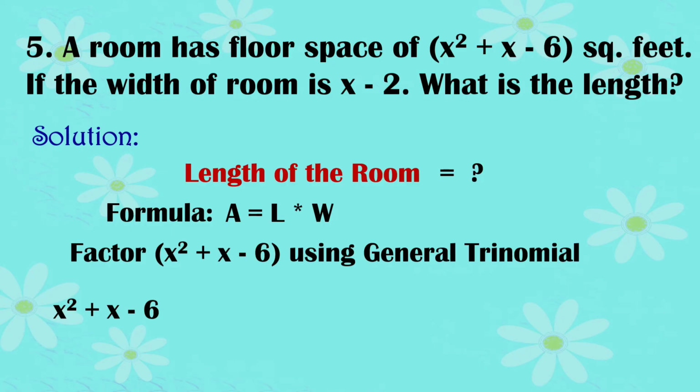So, mag-isip kayo ng factors ni negative 6 na kapag inadd nyo ay equal sa positive 1. Eh, meron na tayong given dito na x minus 2. So, anong magiging sagot? Okay, so ang matitira na lang ay x plus 3, or yung another factor niya ay x plus 3. So, equals quantity x minus 2 times quantity x plus 3.